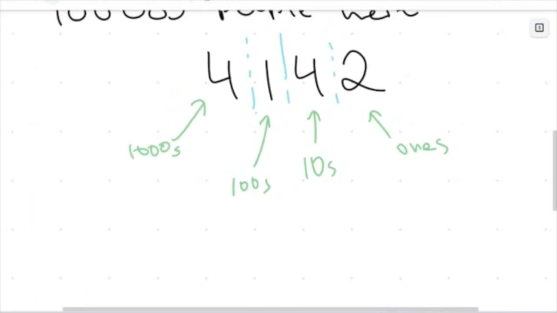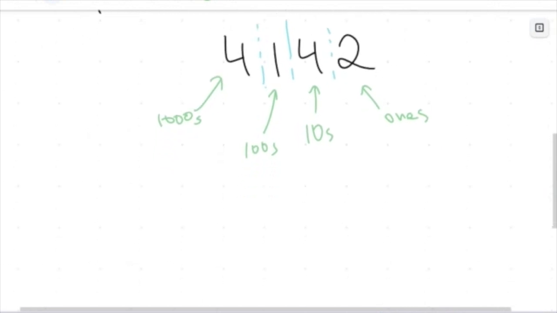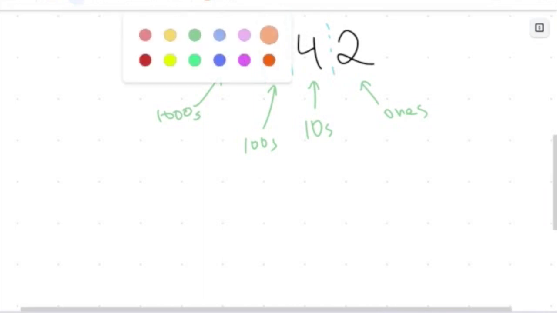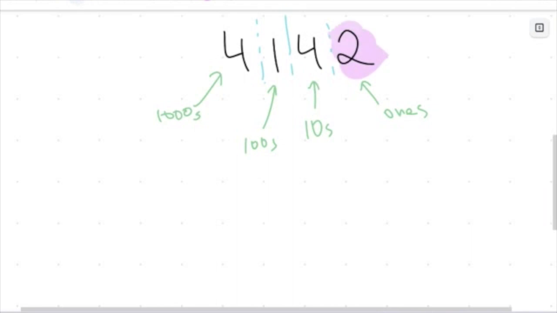So all of our numbers can be broken up into columns, where each digit sits. From 0 to 10, we're thinking of the ones column. From 10 to 100, we're thinking of the tens, and so on.